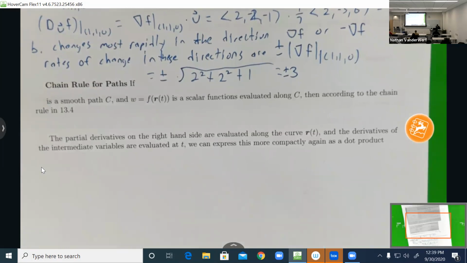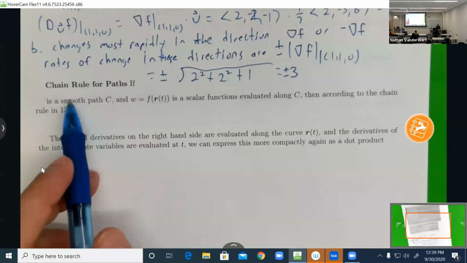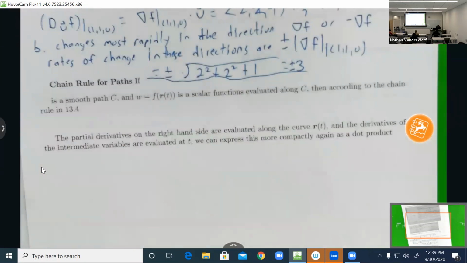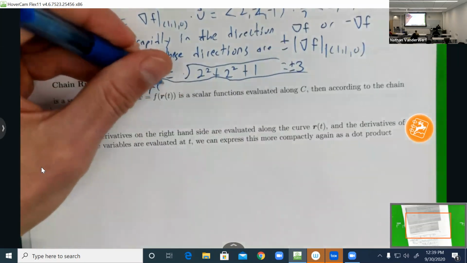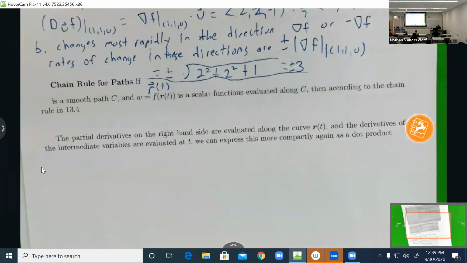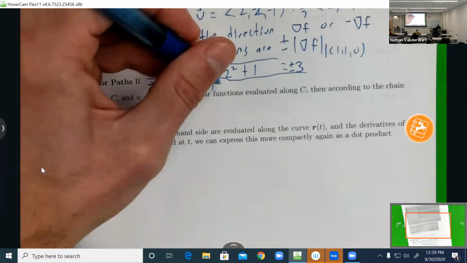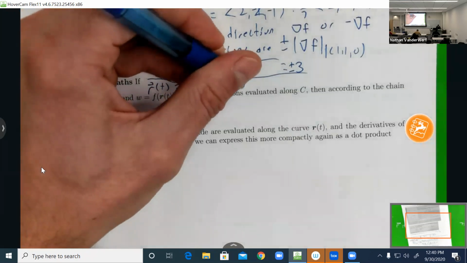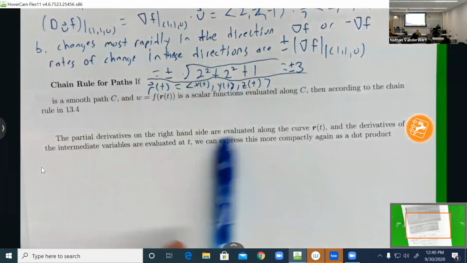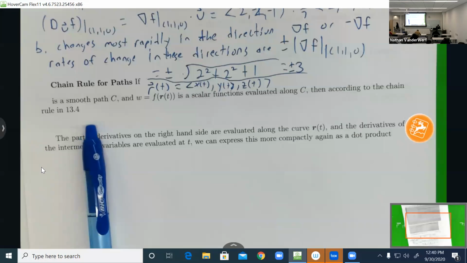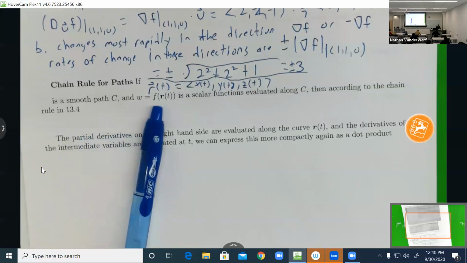Yeah. So one more thing that will kind of lead us into the next section now. The chain rule for paths. So let's say we have a vector-valued function r(t), which is a smooth path C. So this will just be some x(t), y(t), z(t), where x, y, and z just depend on t. Then according to the chain rule, we're setting w equal to f of r(t).